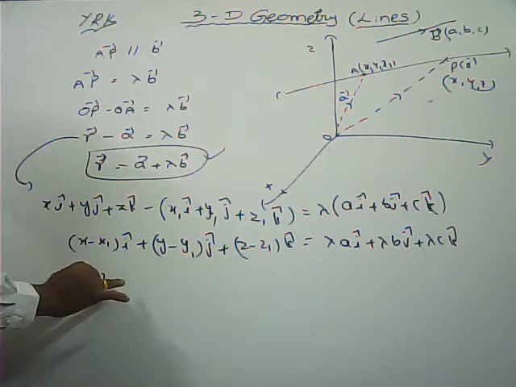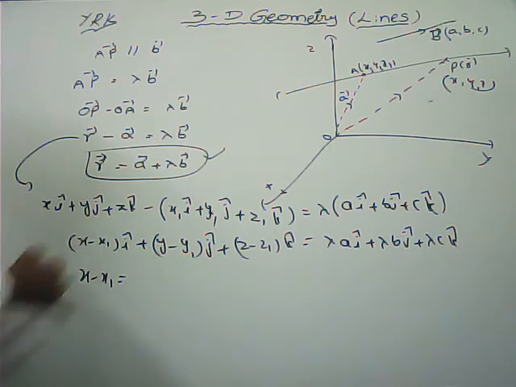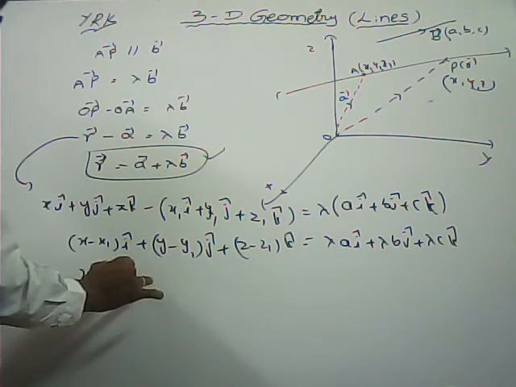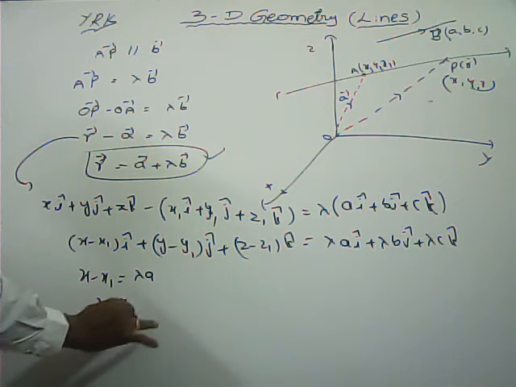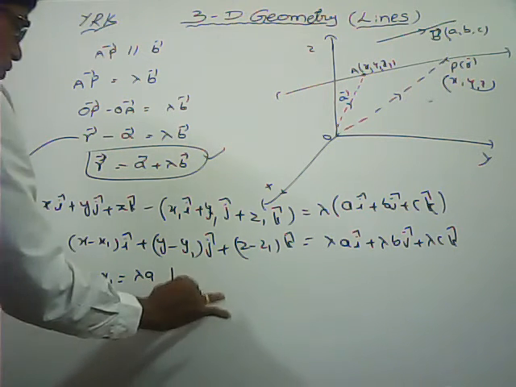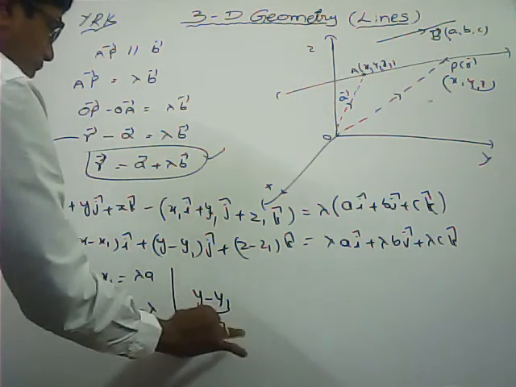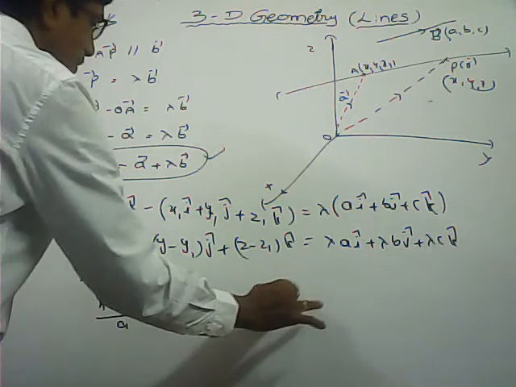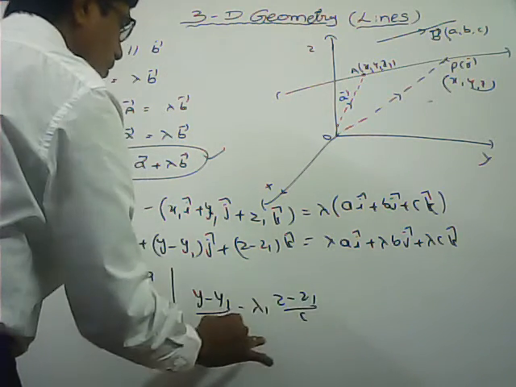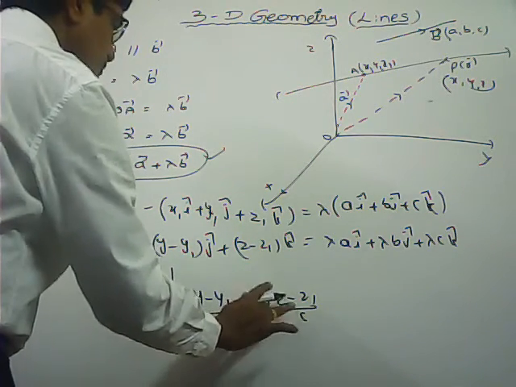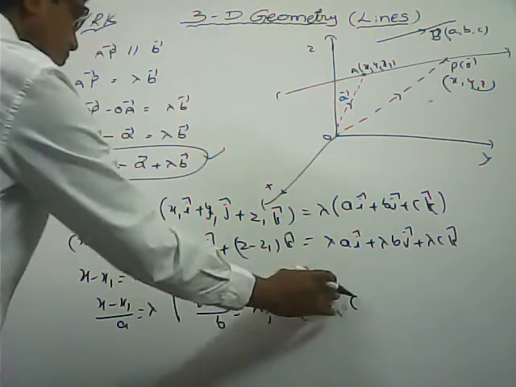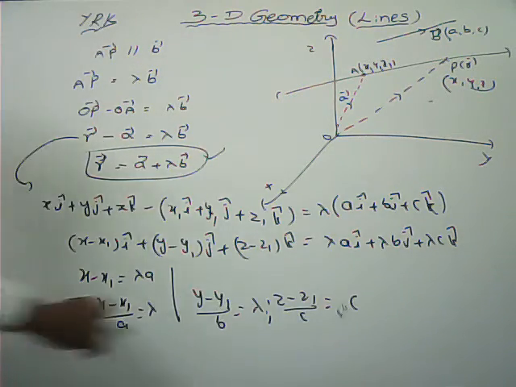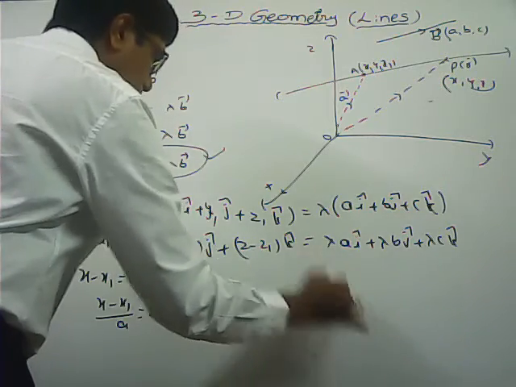Here, x minus x1 by a is equal to lambda, similarly y minus y1 by b is equal to lambda, and z minus z1 by c is equal to lambda.